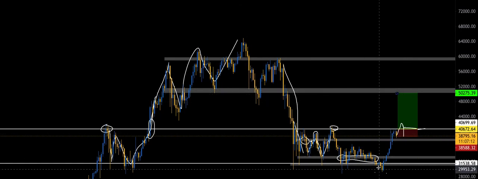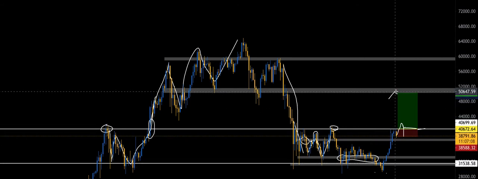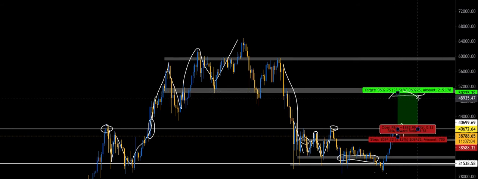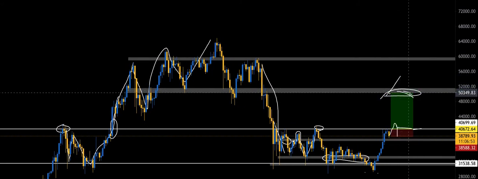What we said before is that a resistance is a zone where most likely the price will bounce back. It will find many strong sell orders sitting here. We don't say that it will not break from the beginning, but it's most likely to go back.